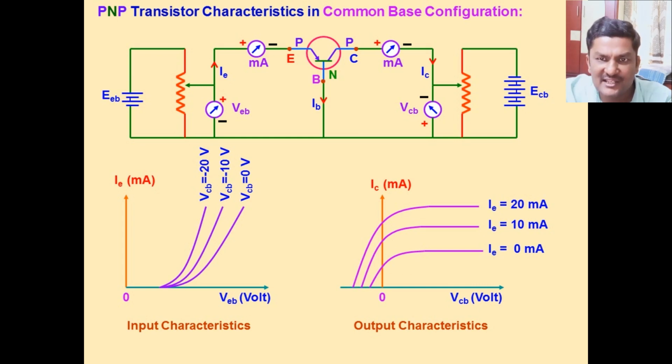A graph is drawn between VCB and IC, and it is a curve like this. At this negative value of VCB, the current in the collector increases slowly.